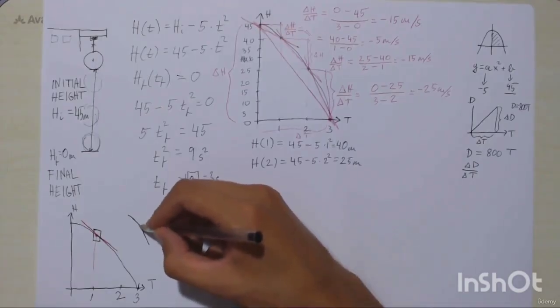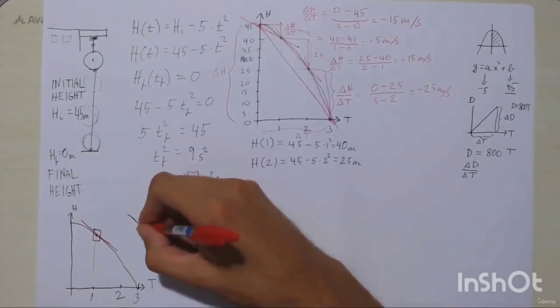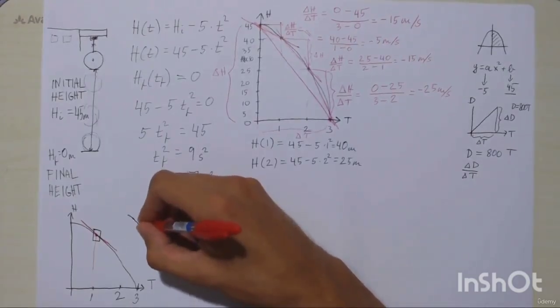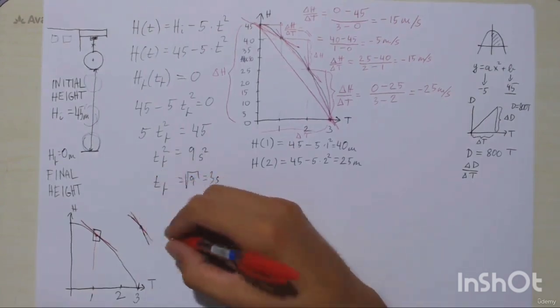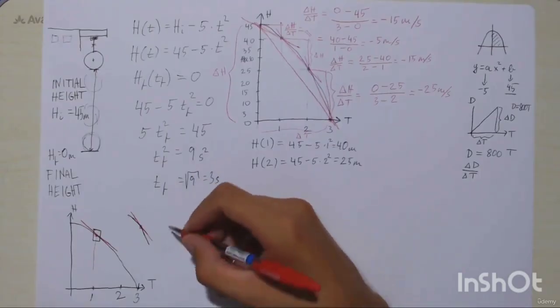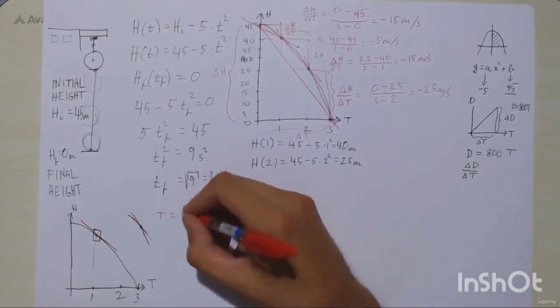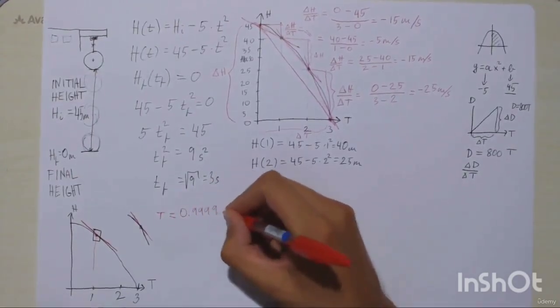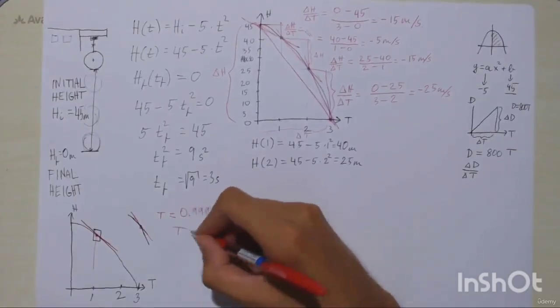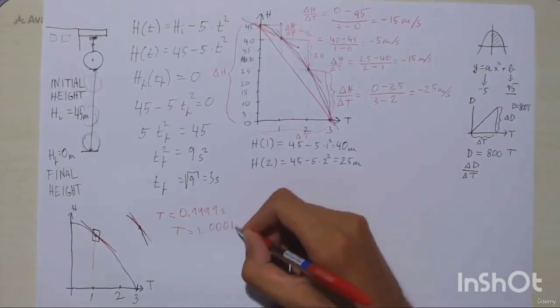And then I'm going to draw this straight line here, the red one. Then I say that this straight line touches the black graph only at time equals 1 second, not at time equals 0.9999 seconds, not at time equals 1.0001 seconds.